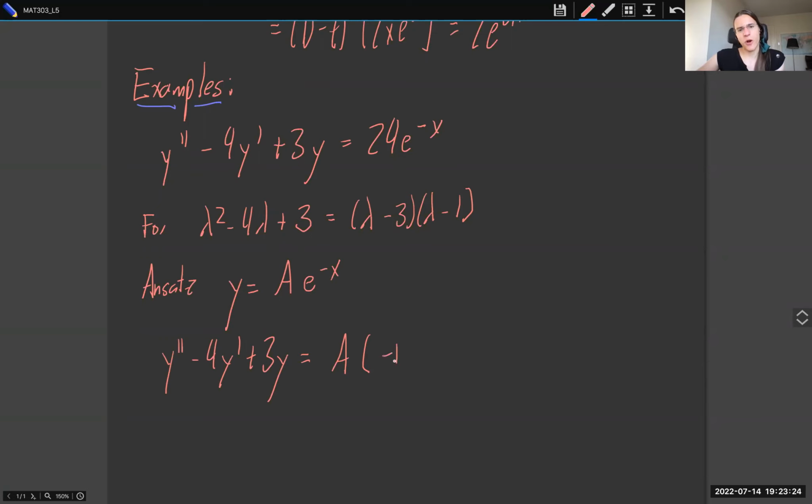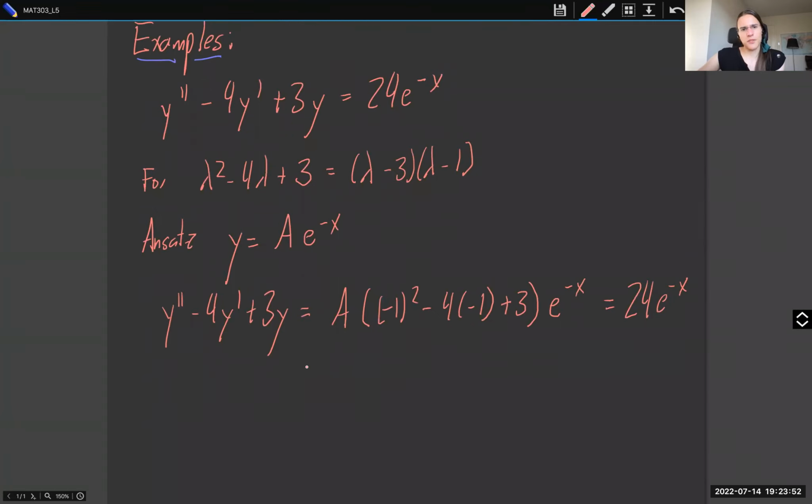So it's going to be negative 1 squared minus 4 times negative 1 plus 3. In particular, all of these coefficients are actually positive. Then times e^(-x), and we want that to equal 24 e^(-x). So what we get as a result is that 8a is equal to 24. So a is 3.